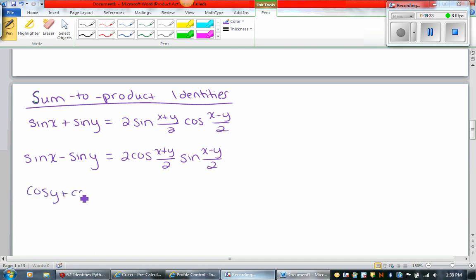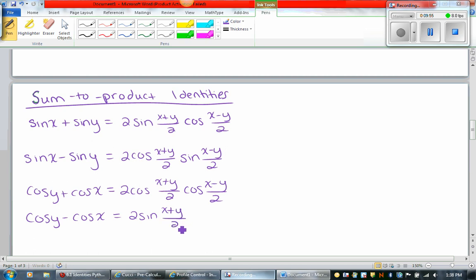Cosine of y plus cosine of x is 2 cosine of x plus y divided by 2, cosine x minus y divided by 2. And the last one, cosine of y minus cosine of x equals 2 times sine of x plus y divided by 2, sine of x minus y divided by 2. So again, please make sure that you get those written down.